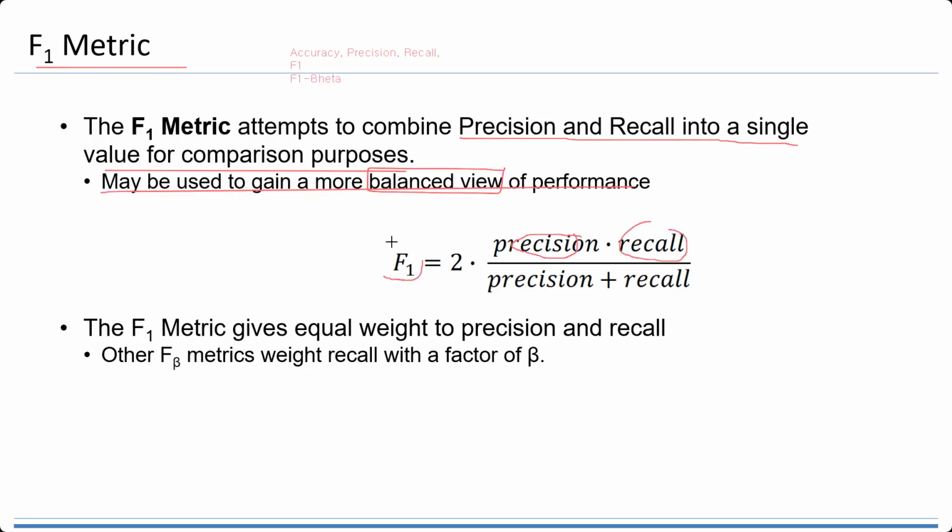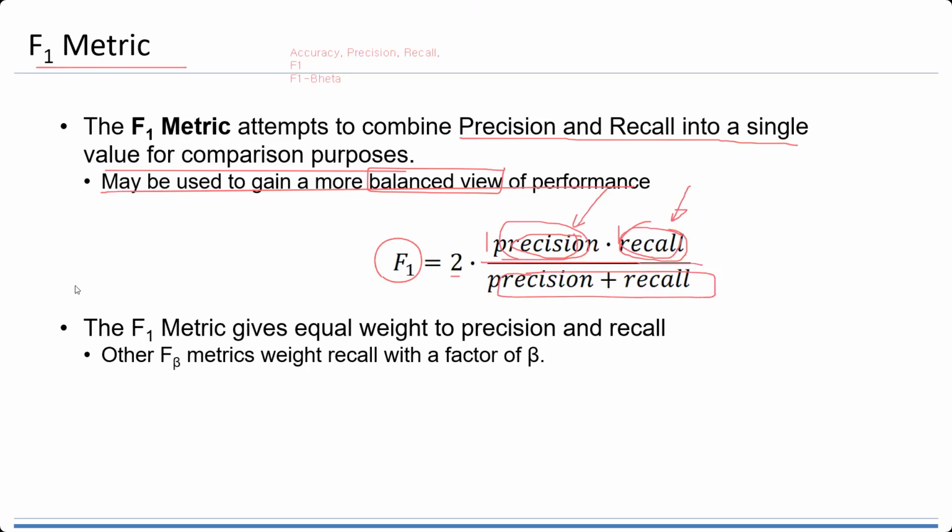That's why they use the F1 score. One means the weight of precision and recall is 1. So we have 2 multiplied by precision multiplied by recall, divided by precision plus recall. So we want to make sure of the balance between precision and recall.